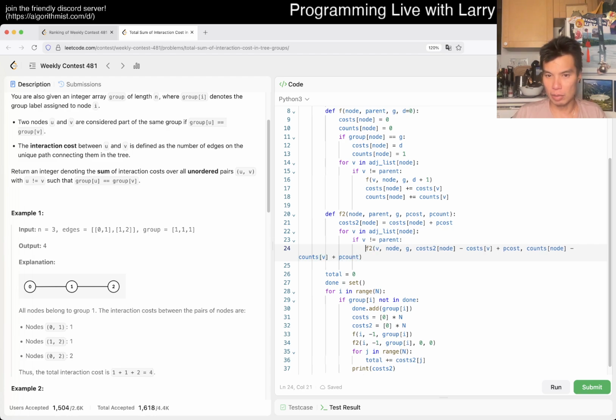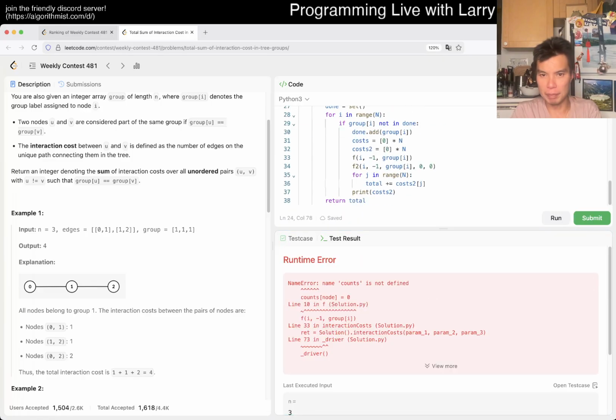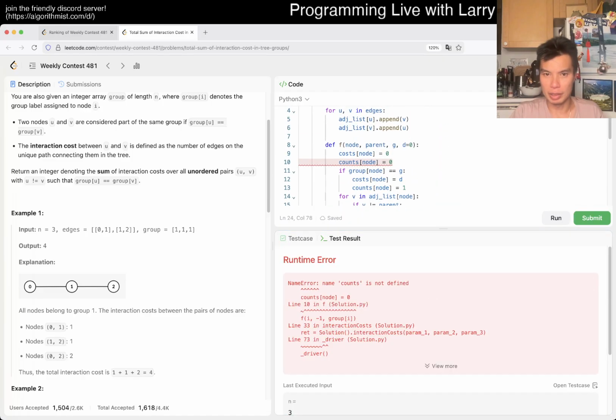And then now p cost is the parent cost, but every time you do it, you have to plus p count for one step further. Something like that. But I don't know how that would fix. Oh yeah, right.